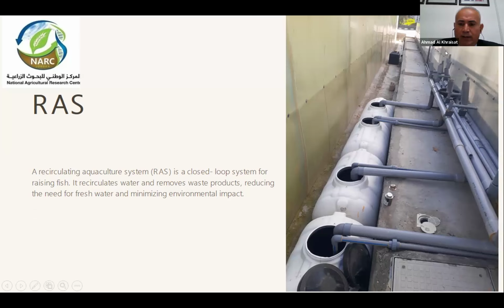We have four ponds, and each pond has a different density. So every replicate goes to a tank, and after that returns again to the fish tank. The recycled water is a closed cycle, which reduces water waste and gives optimal utilization.